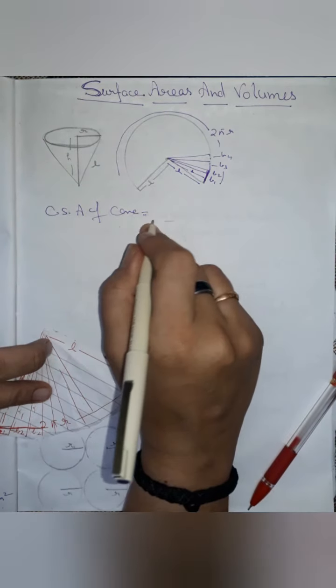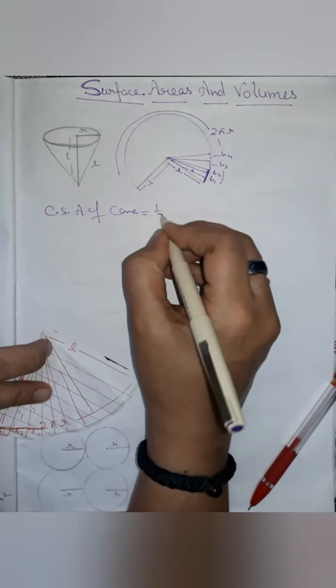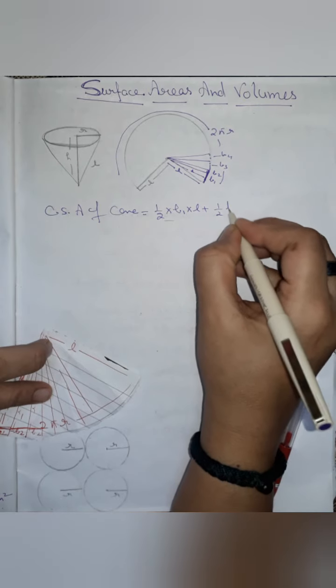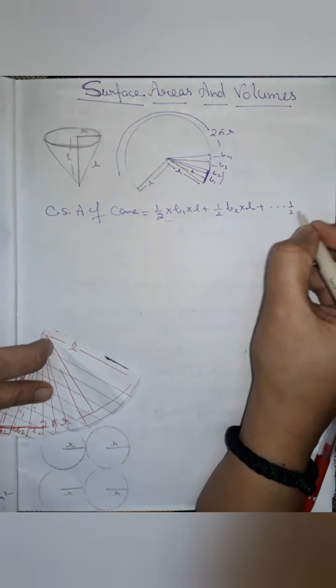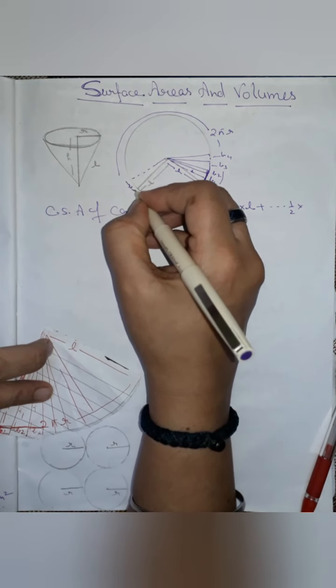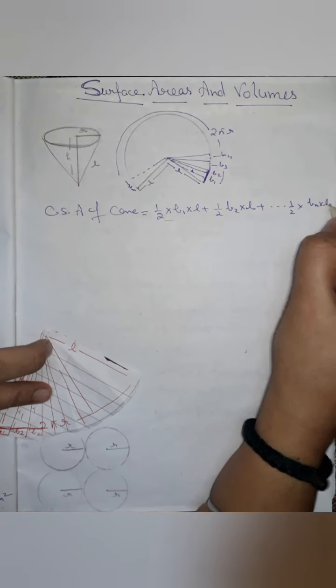So the curved surface area of the cone will be half B1 into L plus half B2 multiplied by L plus, suppose this figure is divided into n triangles, half Bn multiplied by L.